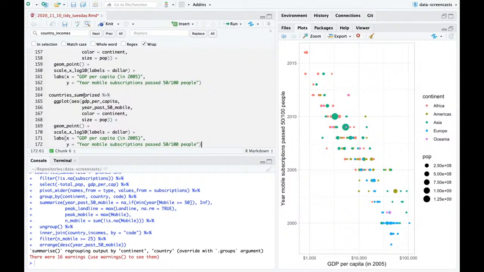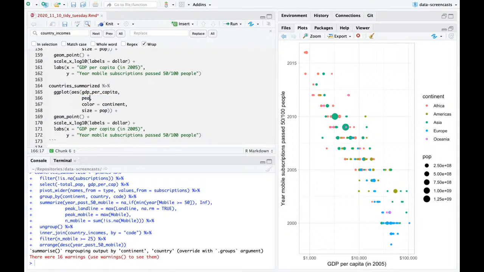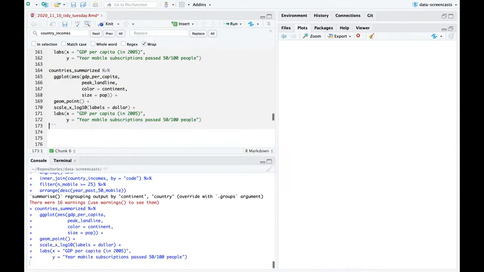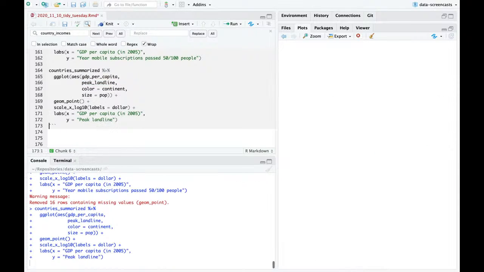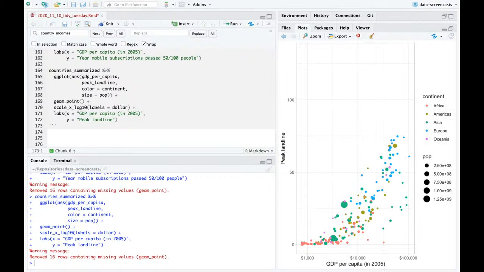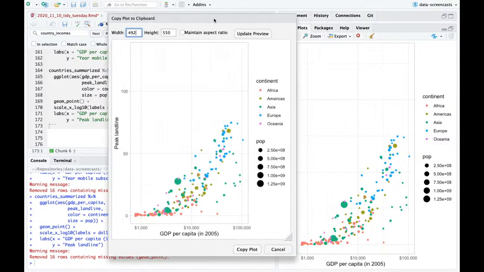That I would have to compute differently. And I'll change this to peak land. Yeah, so this is pretty cool. I think this is kind of neat.